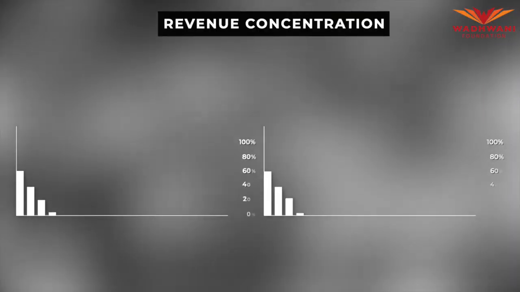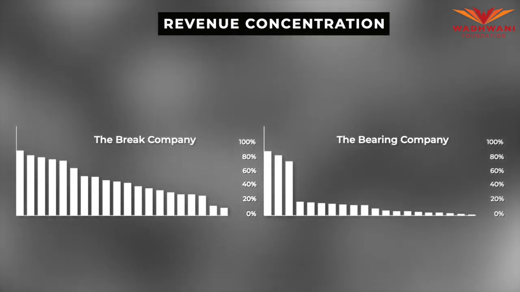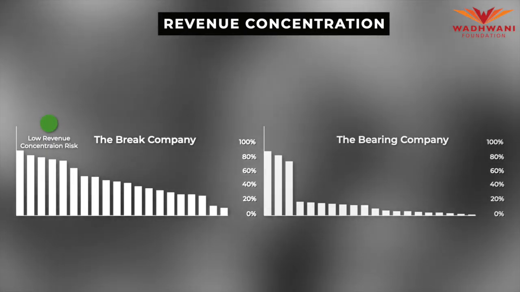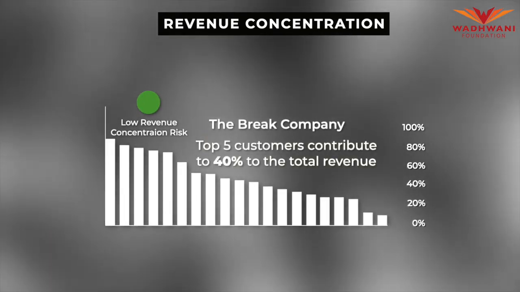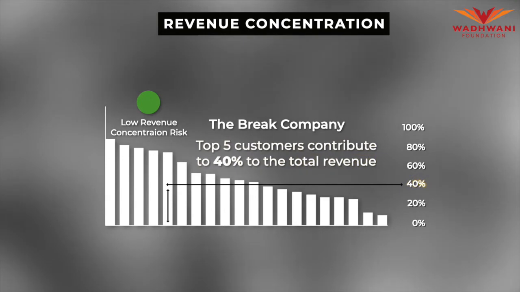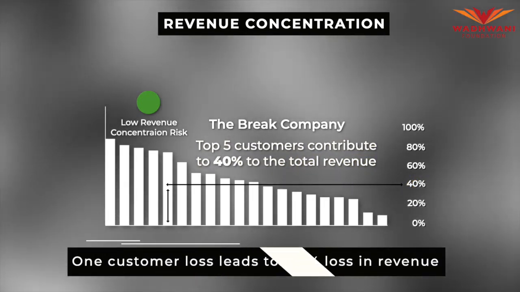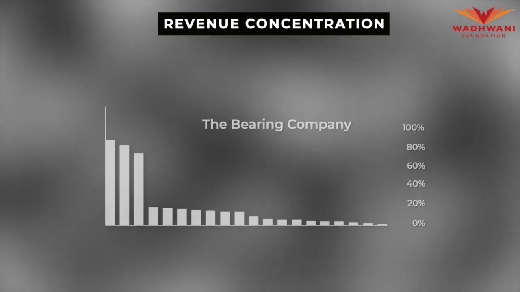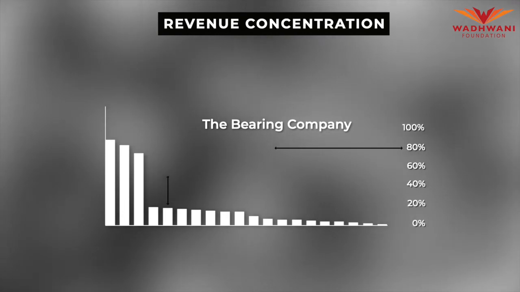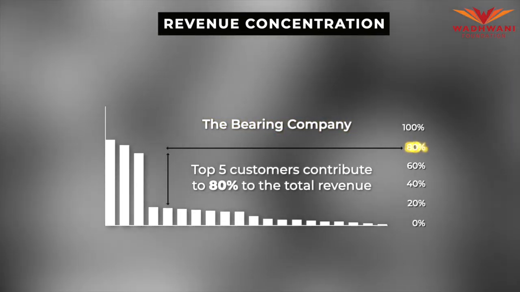Now, take the example on the right hand side, where you have 2 companies. One company, the brake company, has low revenue concentration because the top 5 customers contribute 40% of its revenue. So even if you lose one customer, you might lose 7-8% of your revenue. But at the bottom, you have the bearing company, with 5 customers contributing 80% of the total revenue.